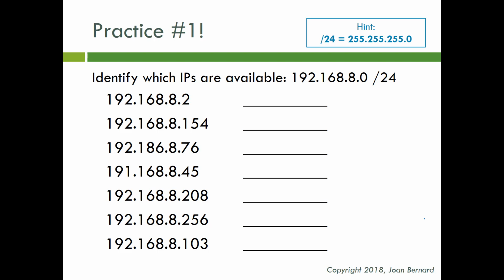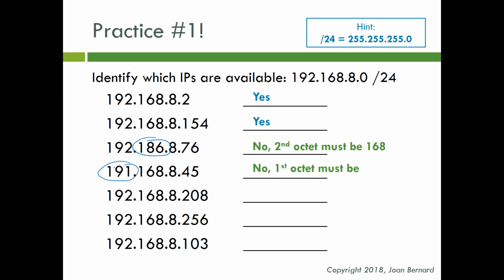Okay, here are my answers. The first two IP addresses are part of that /24 network. The next two are not. One has a 186 instead of a 168 in the second octet, and the other has a 191 instead of a 192 in the first octet.